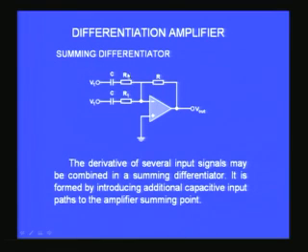In this circuit I have used a summing amplifier, but I have used two capacitors on the two input sides, and therefore the output will be the differential of the two input signals. So it is a sum of two terms. Each term will correspond to the differentiation of the V1 signal and the V2 signal, and that is what I will get. You will have the summing as well as differentiation performed on the signal.